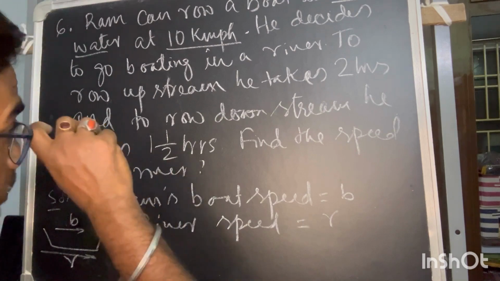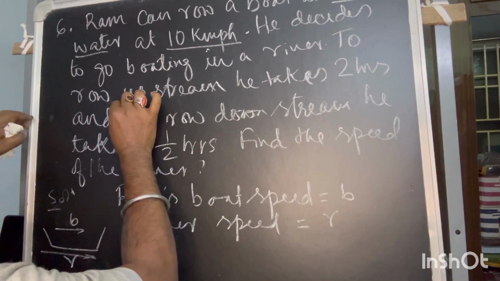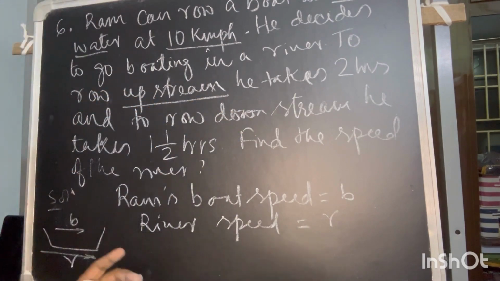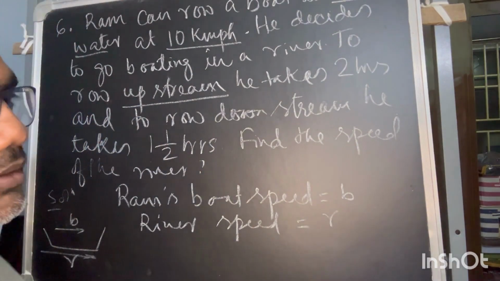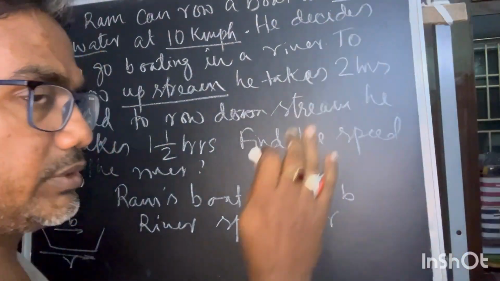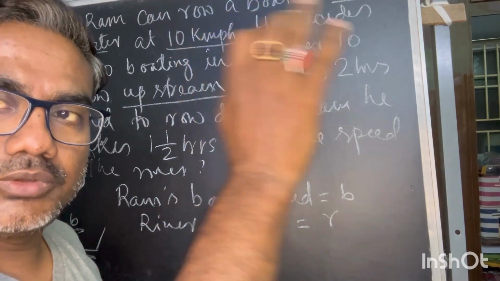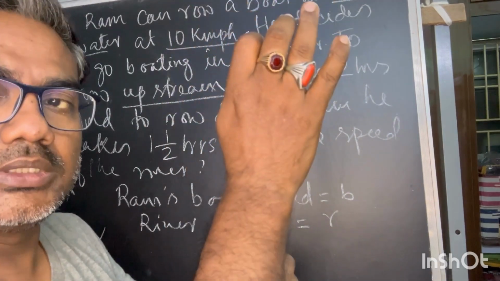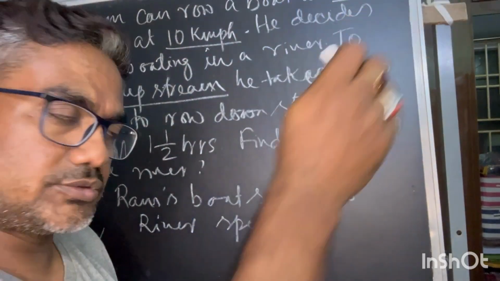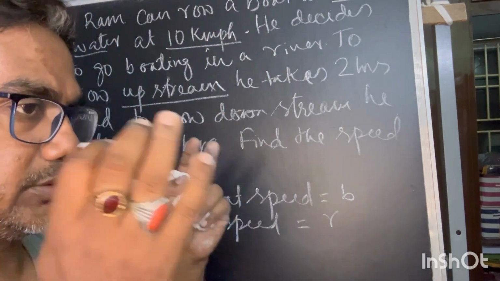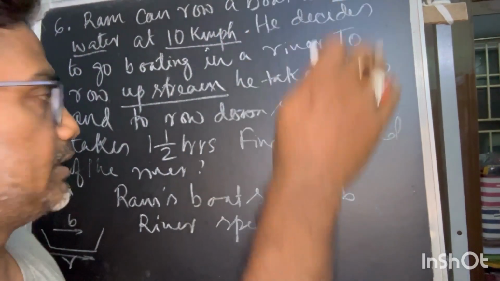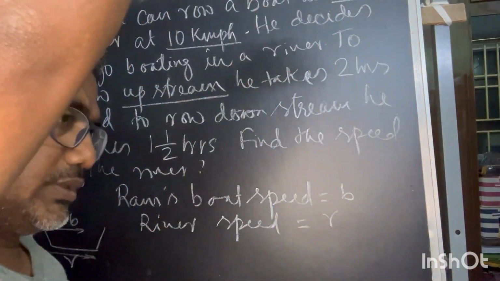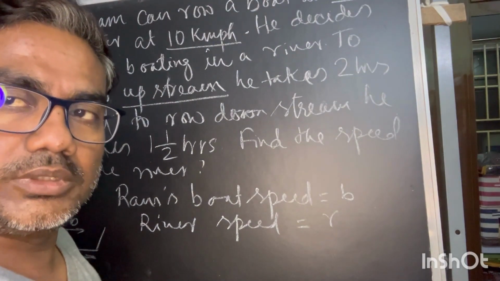One more thing: if a student cannot understand the terms upstream and downstream, there are two methods of understanding. Upstream is where you are going up. When you are moving up, you are wasting more energy, which means there is resistance, so it will definitely take more time. Common sense says, if you move up, it will take time. So upstream is going against the river current, and downstream is going down, which will help.